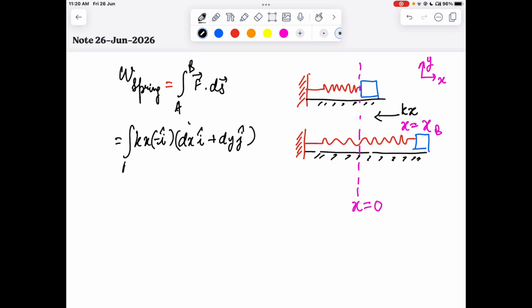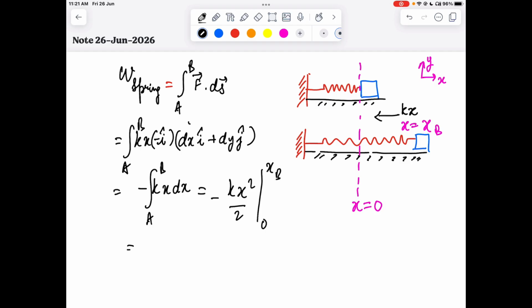Okay, integral A to B, and that would work out to minus kx dx, and you would integrate that from the point A to B. And of course that is minus kx square by 2 from 0 to xB. So that would be minus k xB square by 2. That would be the work of the spring force.